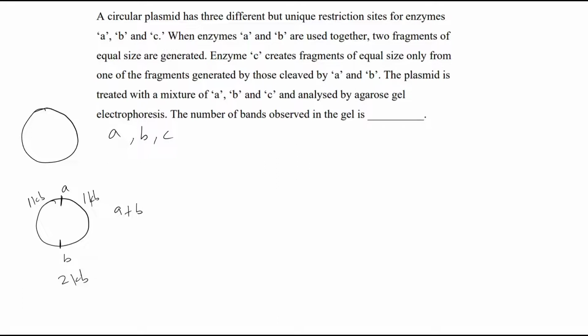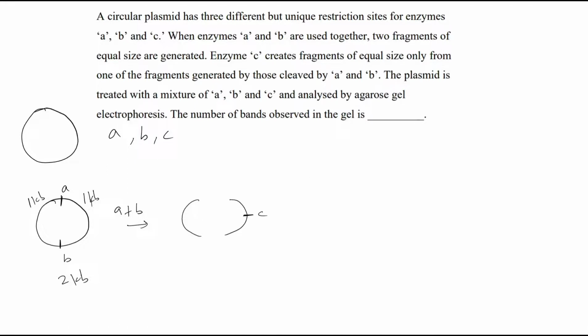Enzyme C creates fragments of equal size from only one of the fragments generated by A and B. The fragments generated by C are also equal, so the site of cleavage should be somewhere midway, right?